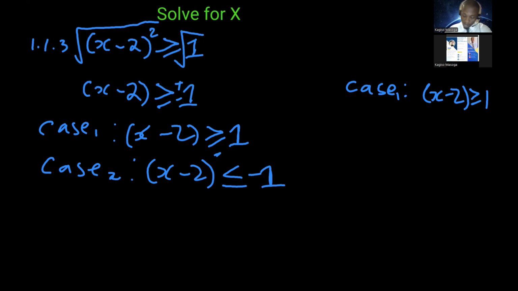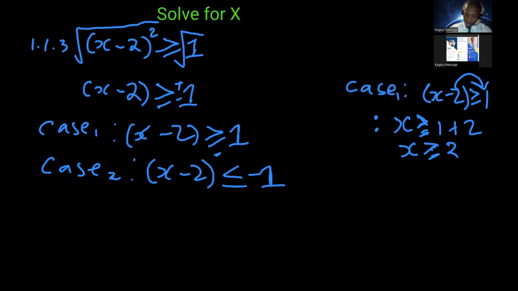Now we're going to transpose the 2, or just add 2 on both sides. I'm going to take this 2 to the other side, and remember, the sign will change. We have 1 plus 2. It's an inequality, so x is greater than or equal to 3.